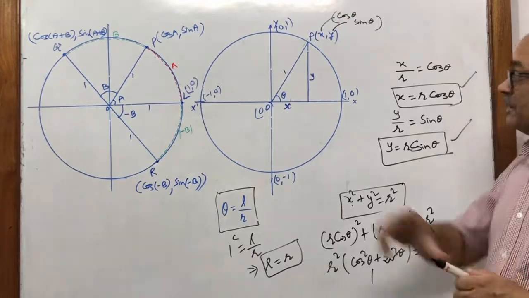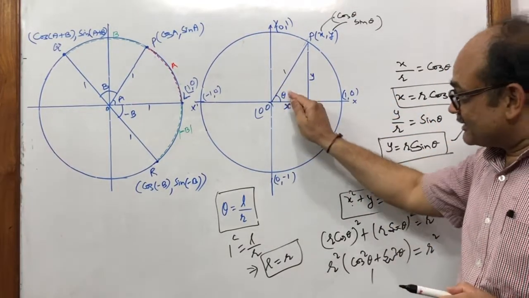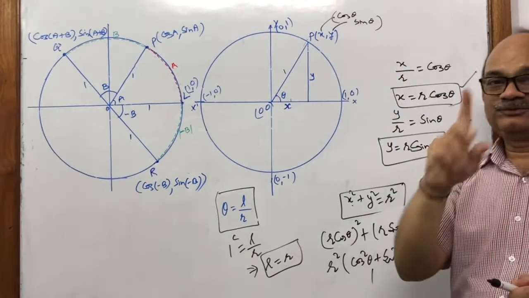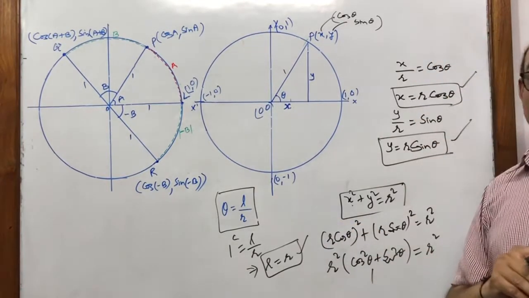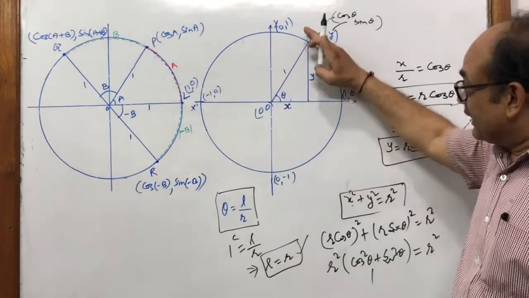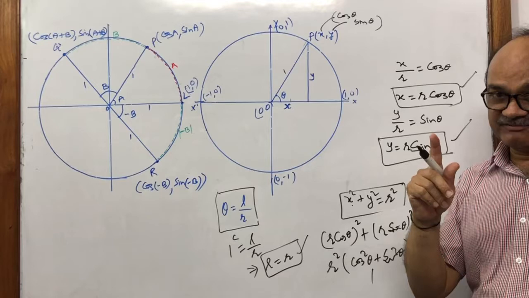Now tell me, if we are taking 1 as the radius, then this one is also what? Theta. Why? Because L equals R. R is 1, then L is 1, then theta is also 1. This is the 1 radian definition.